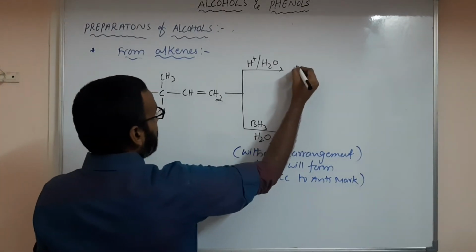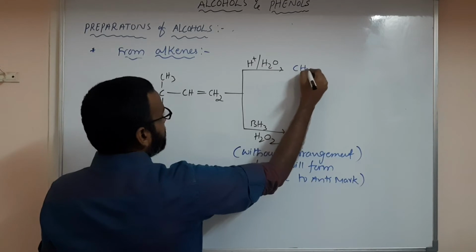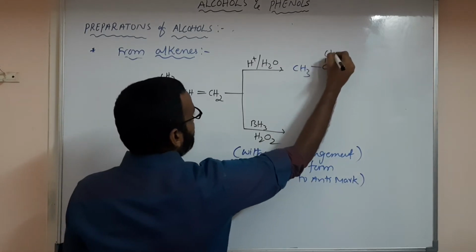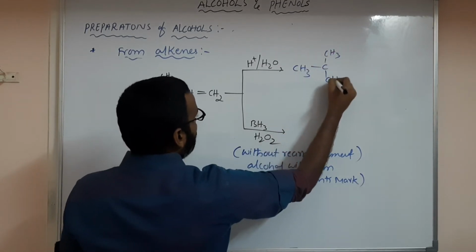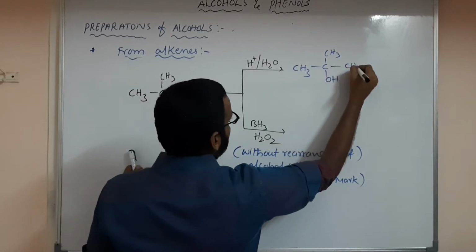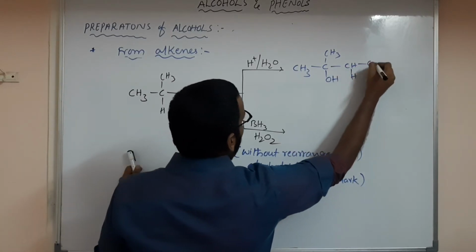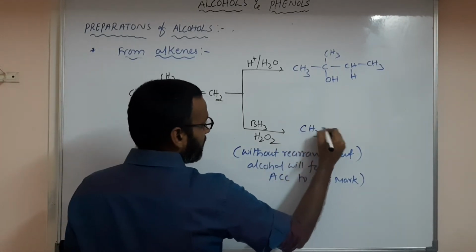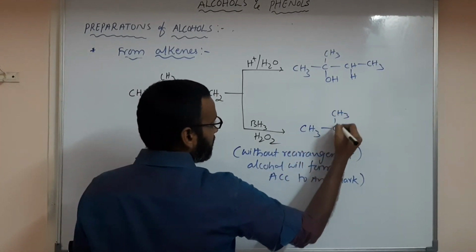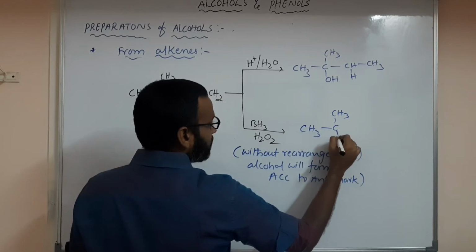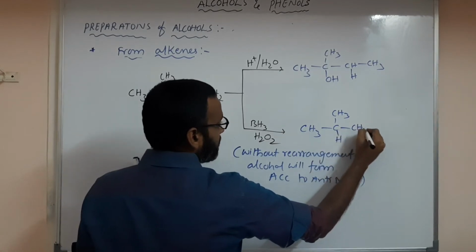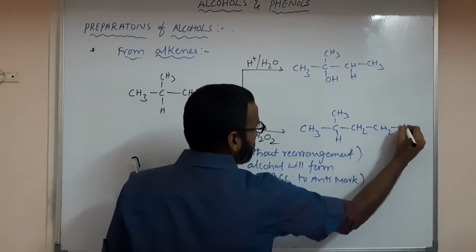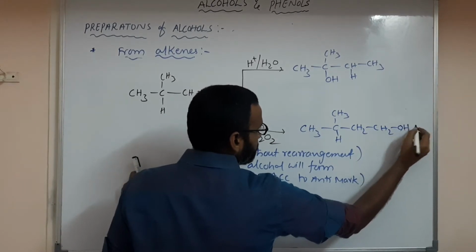And here the product is CH3, C, CH3 with OH, and here CH with H, and single bond CH3. And here CH3 and CH3, the same hydrogen, and CH2, CH2OH.